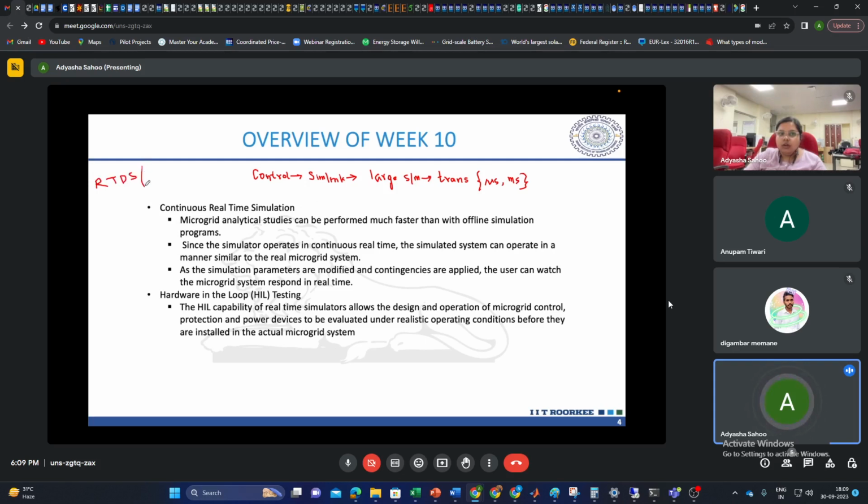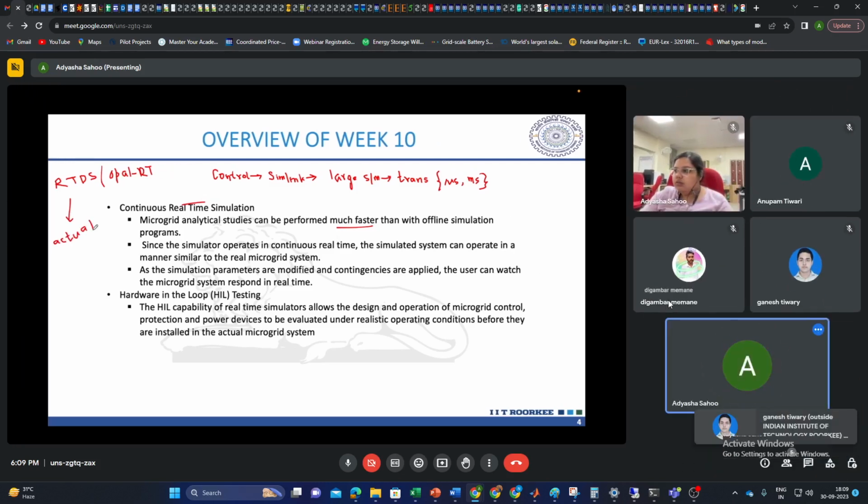These platforms we had discussed during the hardware demonstration videos also. The advantage of deploying our control algorithms on these platforms is that we can have much faster computation, and that too in real time. So we can know how our control algorithm is going to behave when we deploy it in an actual environment.